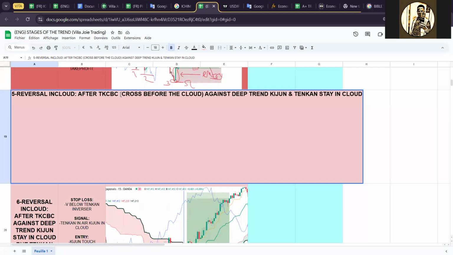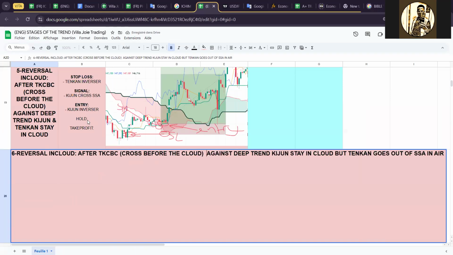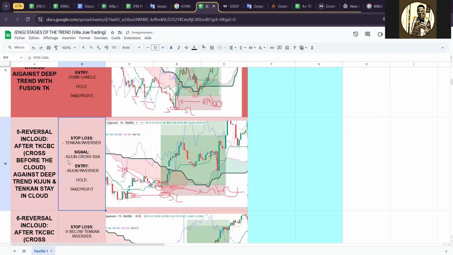So number 5, after TK cross before the cloud against the deep trend, Kijun and Tenkan stay in cloud, and then your entry will be inverted Kijun and stop loss at inverted Tenkan.